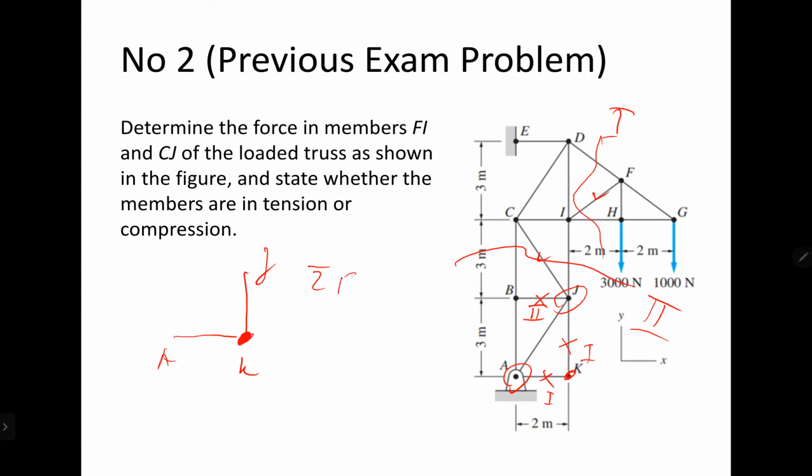If you use sigma Fy and sigma Fx equal to 0, both of the results will be 0. FJK equal to 0, FAK will be equal to 0 as well, because the vertical component will only belong to JK and the horizontal component will only belong to AK.